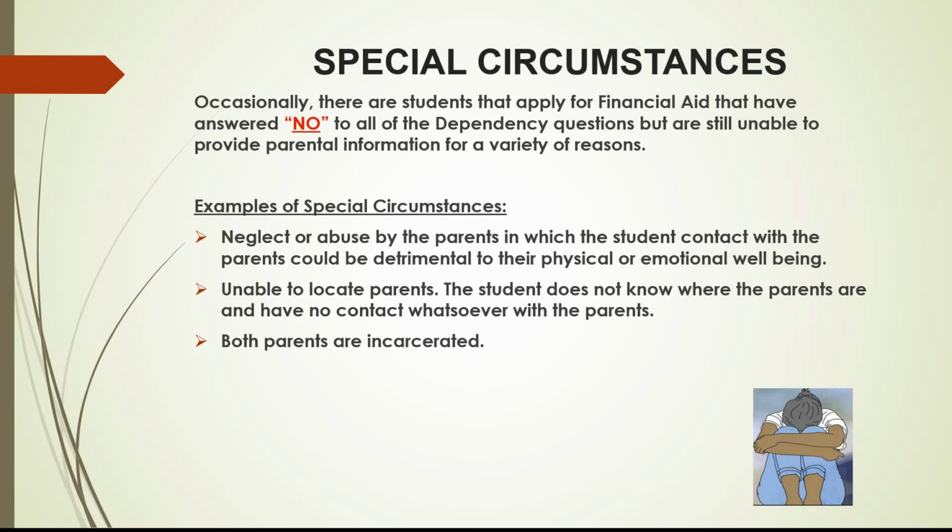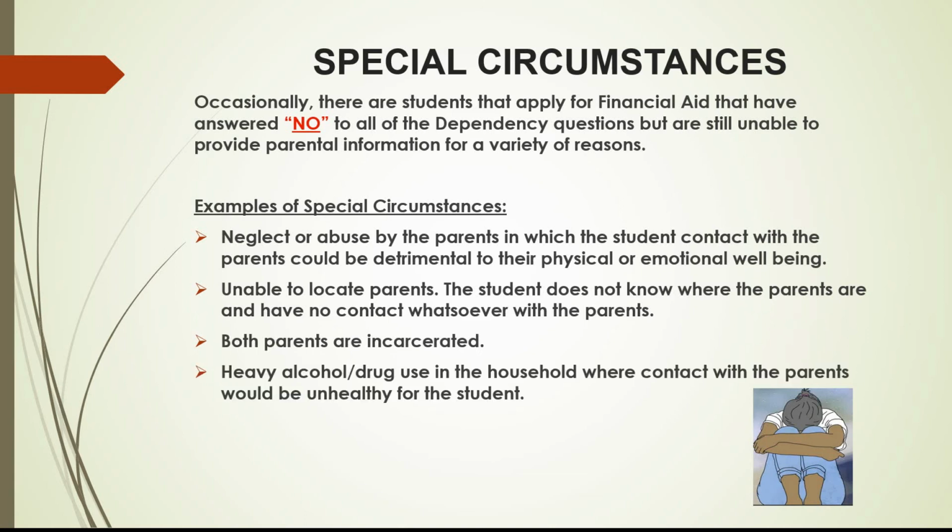It could also be a situation where both parents are incarcerated, or the parents are involved in heavy alcohol or drug use, where once again the contact with the parents would be unhealthy for the student. But these aren't the only conditions that apply. If you have any condition that you think applies, you should contact your financial aid office and ask them, and they will be able to guide you and let you know what you need to submit.